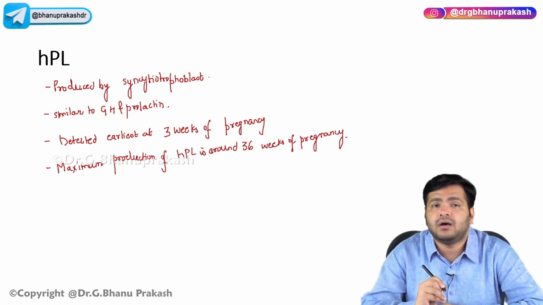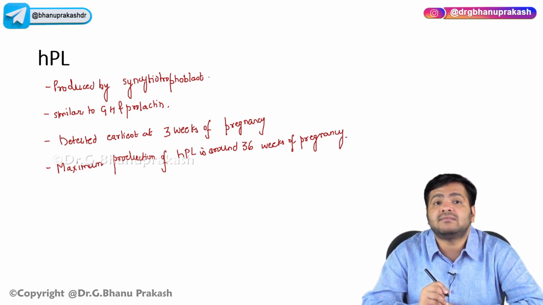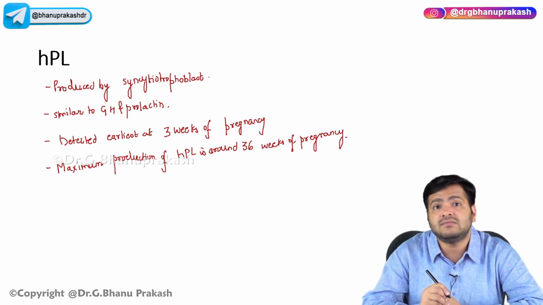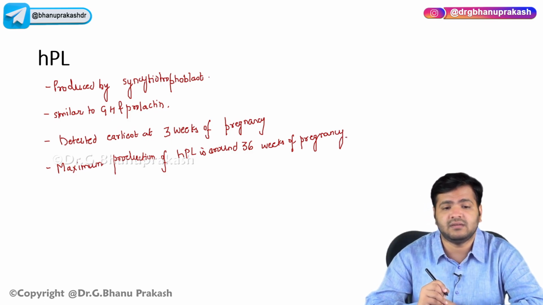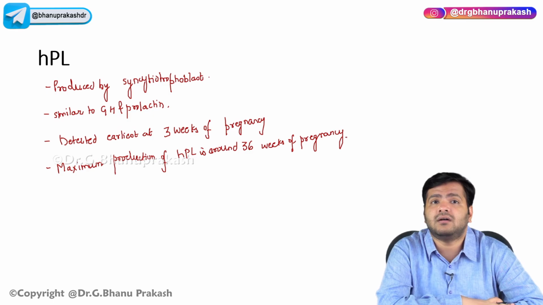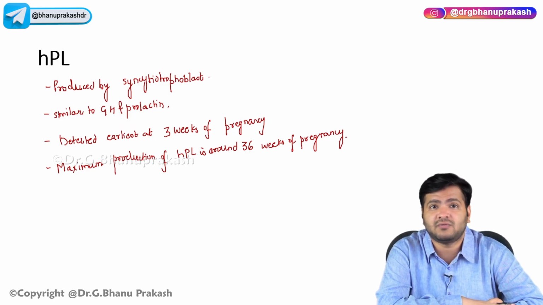And remember that it is responsible for insulin resistance in pregnancy. You already know that the fetus requires glucose for its growth. It is the only fuel that is available to the fetus for its growth and development.